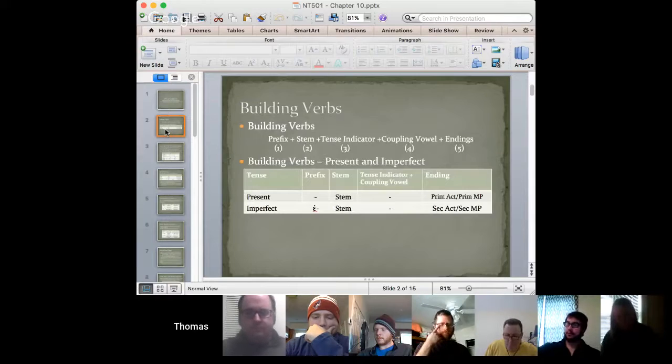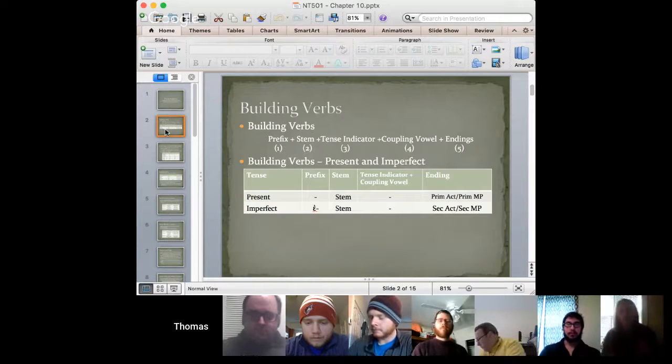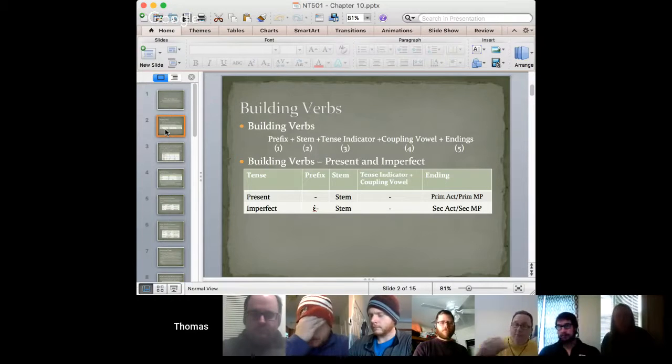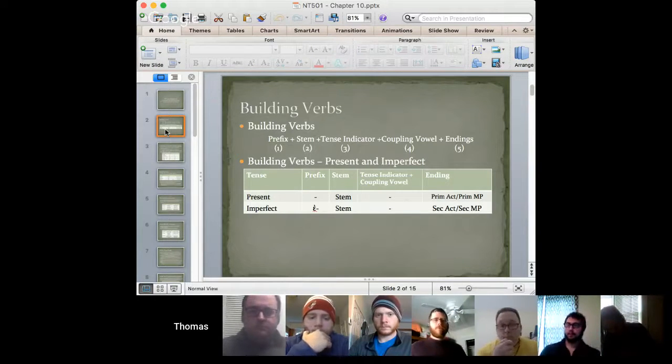We've talked about building verbs and how we have a stem, and sometimes a prefix is going to get added to the front. Sometimes we'll have a tense indicator and/or coupling vowel and an ending. Up until this point, largely we've used long labels like primary active, primary middle passive, which is the same as type 1, type 3.